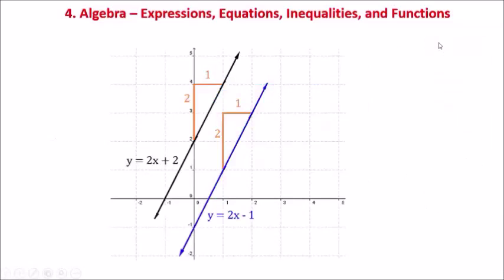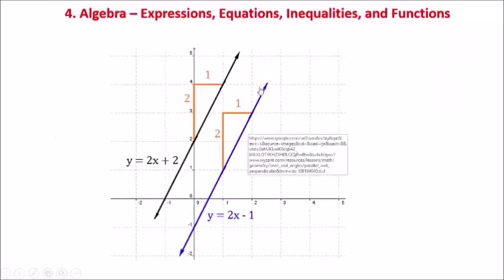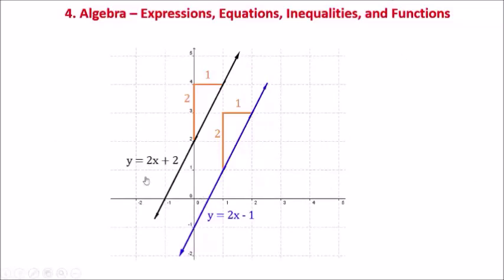Okay. But then let's look at 2 lines. I've got a blue line and a black line. If you look at the rise over run for both lines, it is actually 2 over 1, which is 2, right? But the 2 lines are 2 different lines. So I cannot characterize or define that line just by the slope.